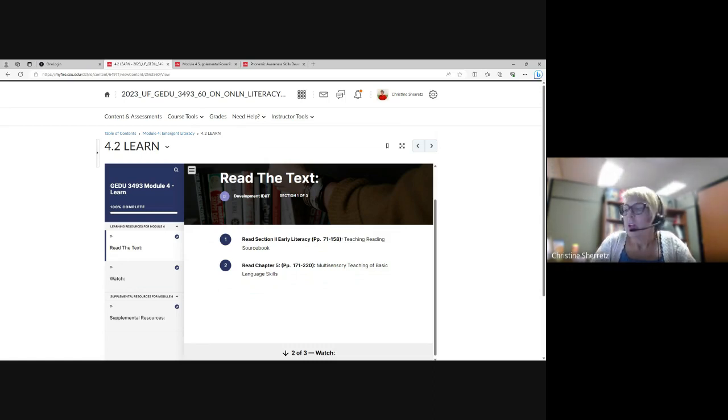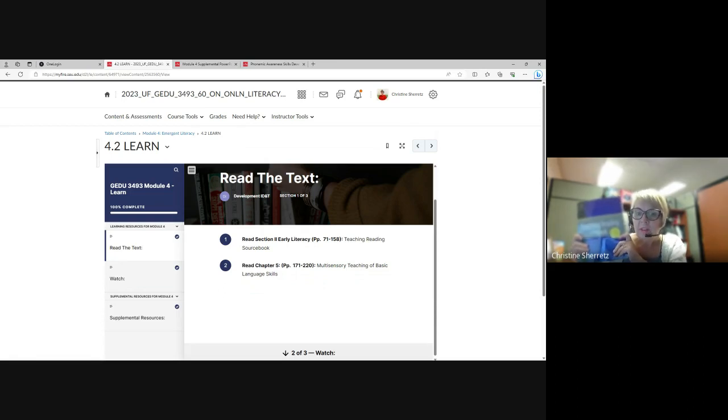Now, your teaching reading source book, this book right here, you're going to be using as what the title says, a source book. So you're really going to be scanning this book and using it as a source for the strategies that you're going to be using.